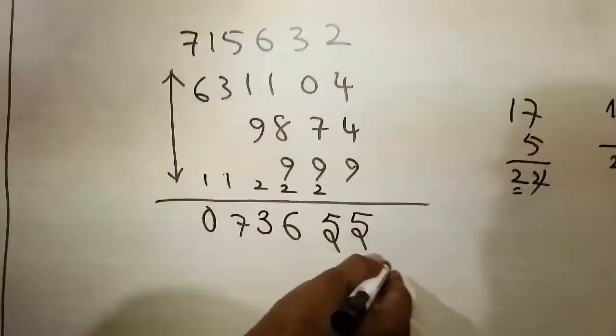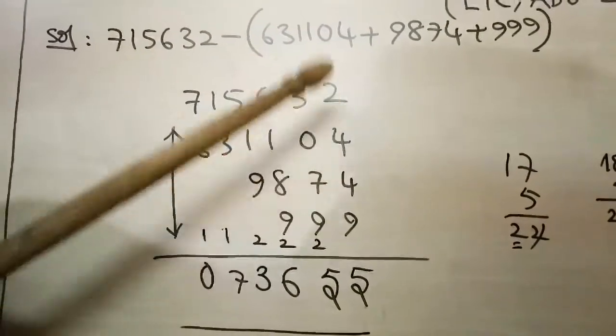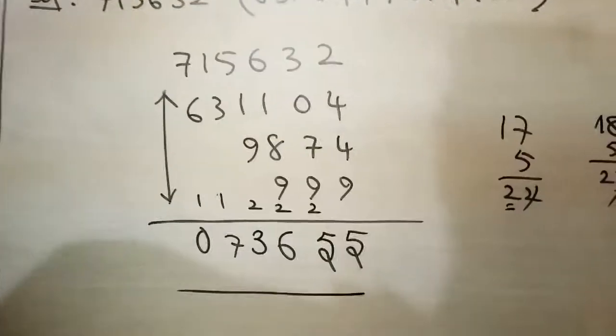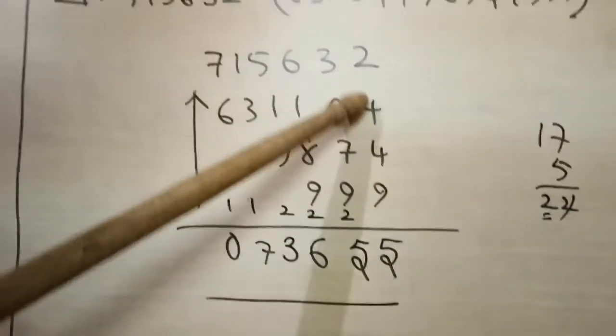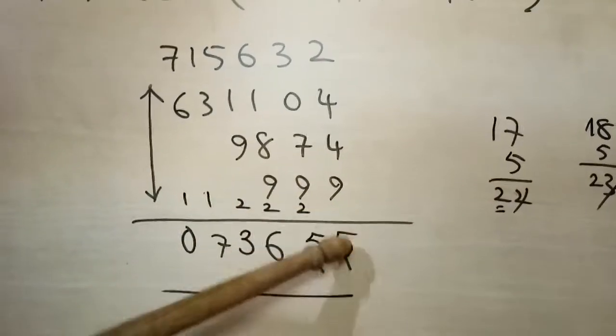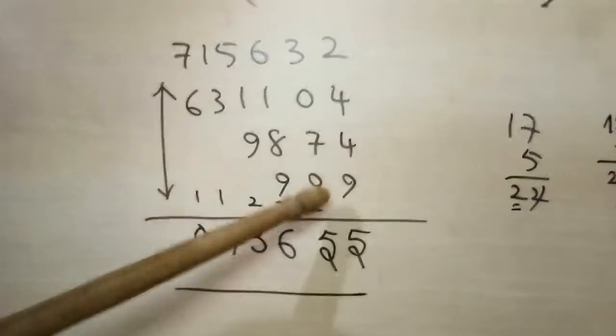Once again I will explain, which is very important. We will use this single step method in future so many times. See, 9 plus 8, 17. 17 plus 5, 22.